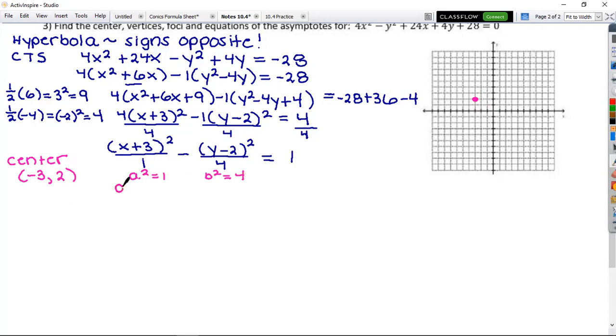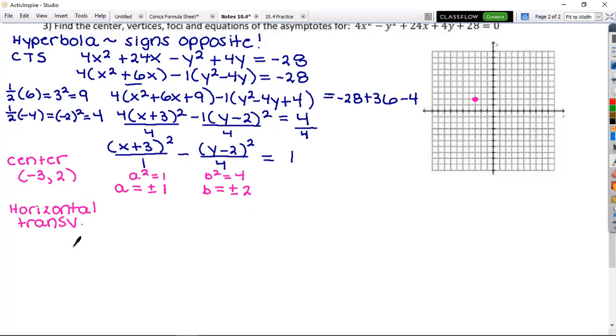So this indicates that a is equal to plus and minus 1, and that b is equal to plus and minus 2. And the more information you have, the better. This equation, once again, is a horizontal transverse axis. So this one's horizontal. Those tend to come up more often. So horizontal transverse, but it's no harder to do the other direction. So this is going to open left and right.